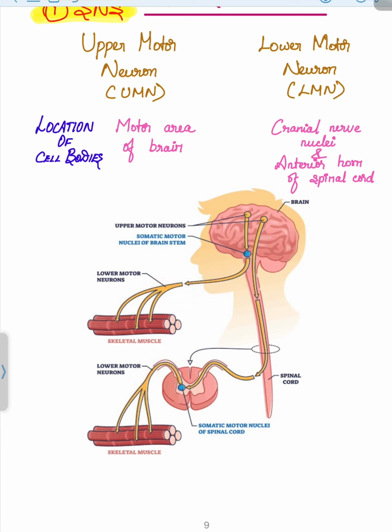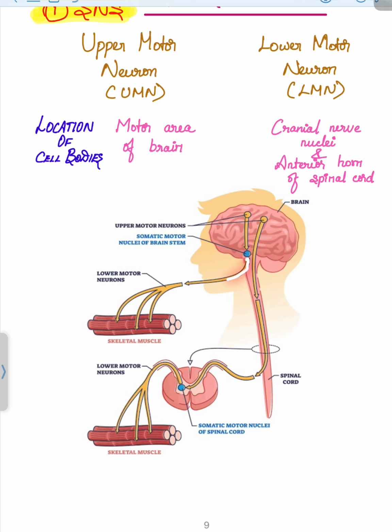Okay, this picture I think is a good illustration. Look carefully. From the motor area of the brain, the upper motor neurons are arising. They are ending up in the somatic motor nuclei of the brainstem, which is nothing but the cranial nuclei, and in the anterior horns of the spinal cord.